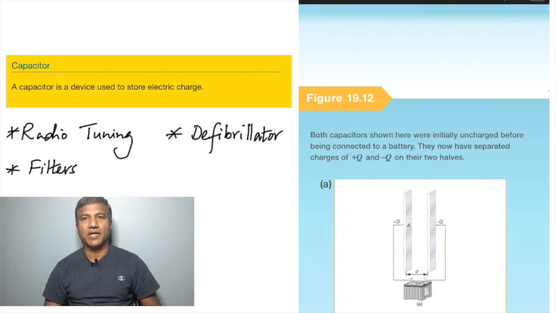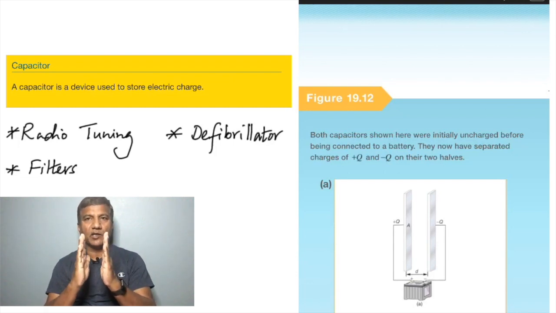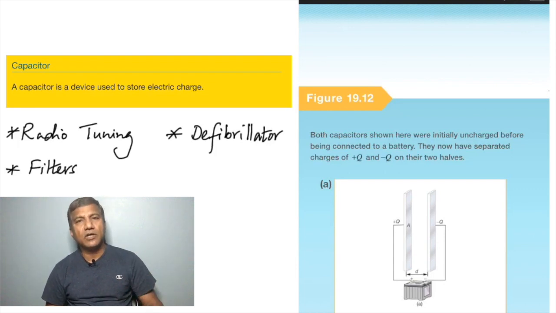Parallel plate capacitor, where we have 2 parallel metal plates separated by a distance. Usually we could have an insulator between them, which could also be air, as in this case. In order to charge a capacitor, the plates are connected to a battery, and the plate connected to the positive terminal of the battery gets positively charged, and the one connected to the negative terminal gets negatively charged.